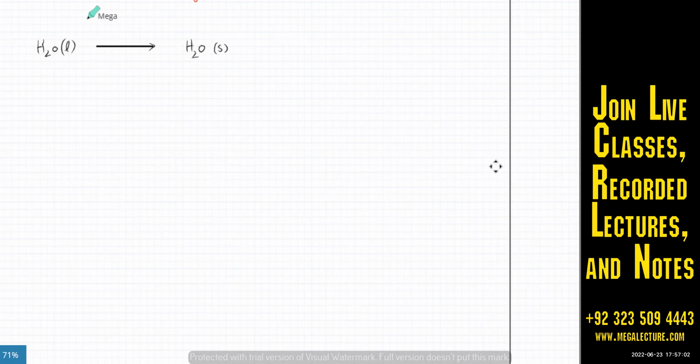Is it a spontaneous reaction at minus 100 degrees centigrade? Like if the temperature is minus 100. Yes, then it's going to be spontaneous, right? So everything depends on the temperature. If the temperature is 1000 degrees centigrade, then this reaction is not going to happen. It's going to be non-spontaneous, right? You can't really say whether the reaction is spontaneous or non-spontaneous until I give the information of what the temperature is.